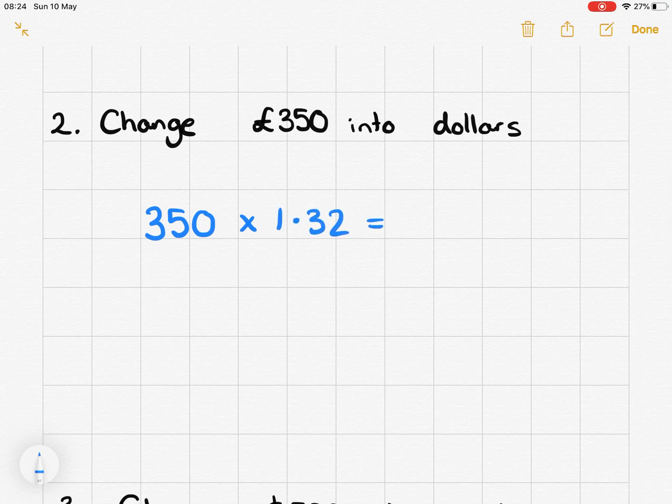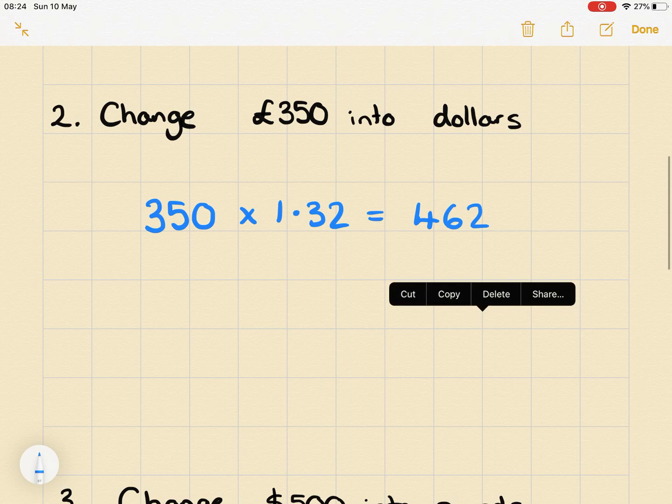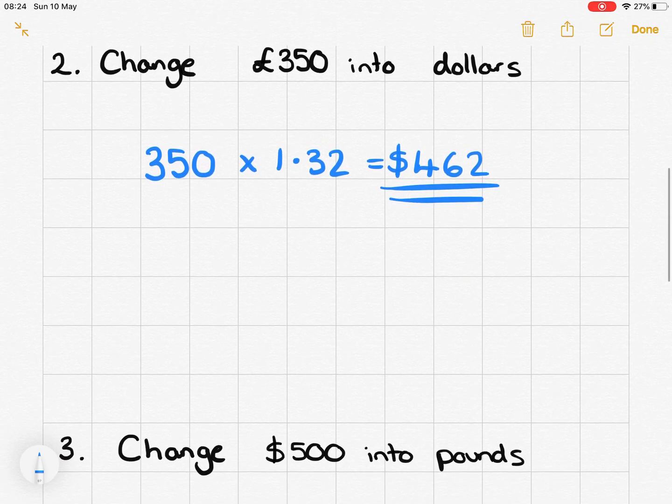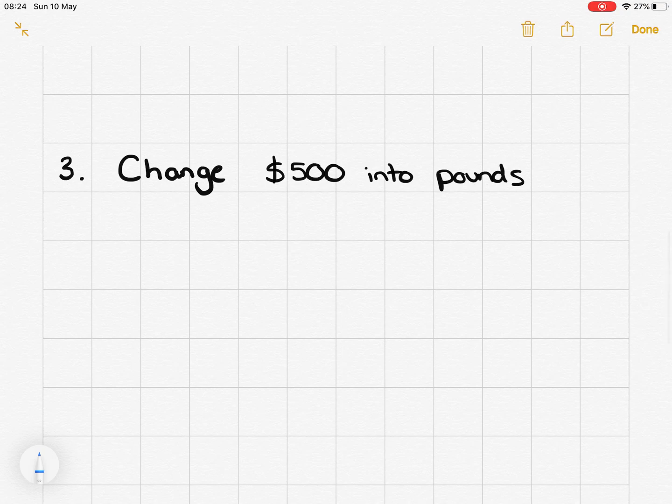Again, we just put this into our calculators and get 462 dollars. Nice and simple, nothing too painful.